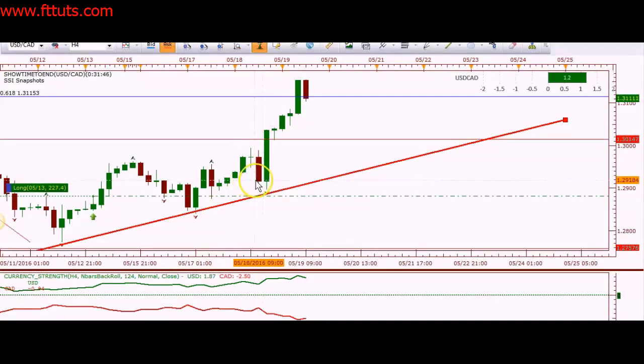So if you found this to be a support level, it would be a great opportunity to take a trade like that. In the trend, a lot of times we look for a pullback level, so a previous fractal will be a pullback level. So if you see the market bounce like that and then give you an outside candle like this, it's an opportunity to get into a trade.